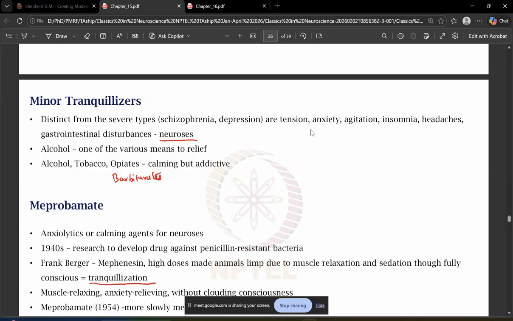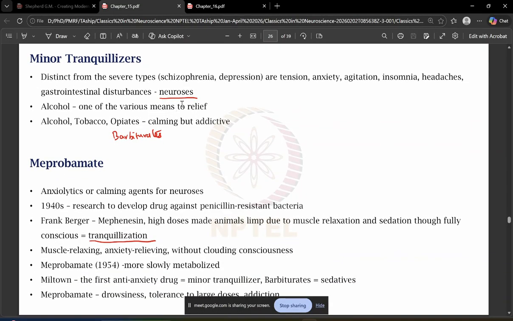These kinds of minor disorders were categorized as neurosis. Nowadays, although this term is not much in practice, these were earlier called neurosis. So, for the treatment of neurosis, people also wanted some kind of drugs.